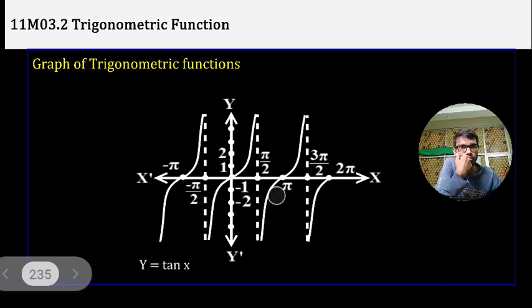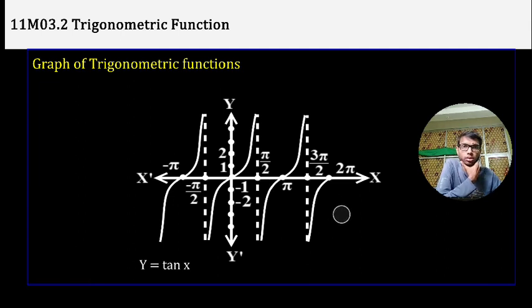Now over here, x as 180 degree, then again y will be 0, but here this is a negative infinity. Same here, it will keep going on.